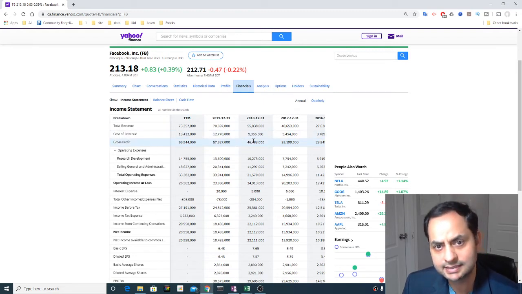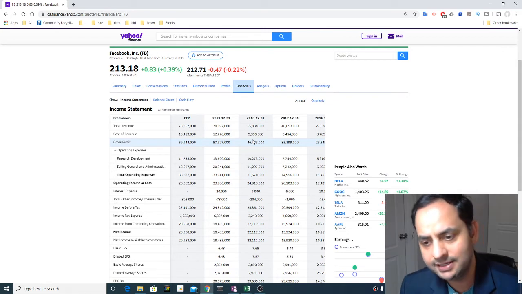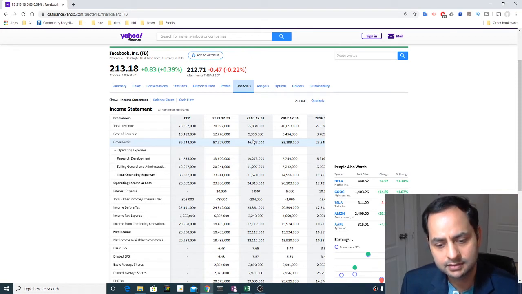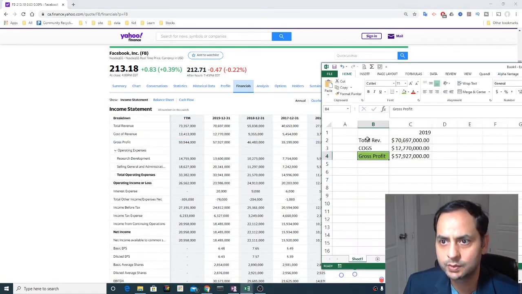In this case the company is doing a good job: as they increase the revenue, the Facebook management is able to keep the cost under control, so they can keep increasing the revenue. Think from that perspective. That's why I marked this as an important step.